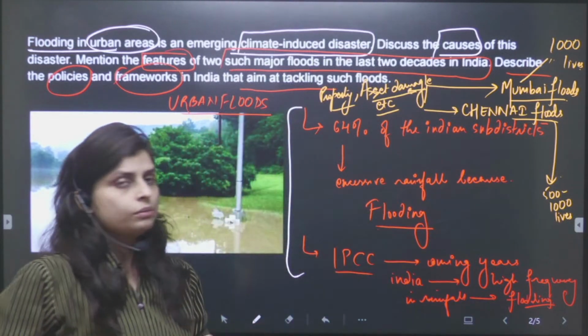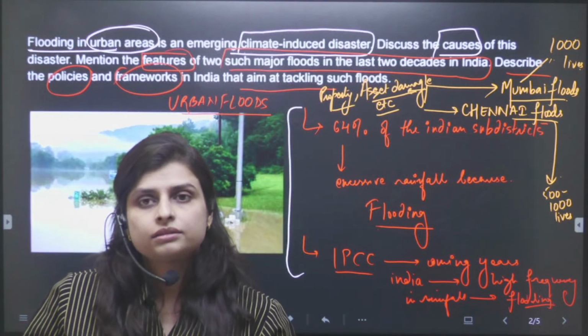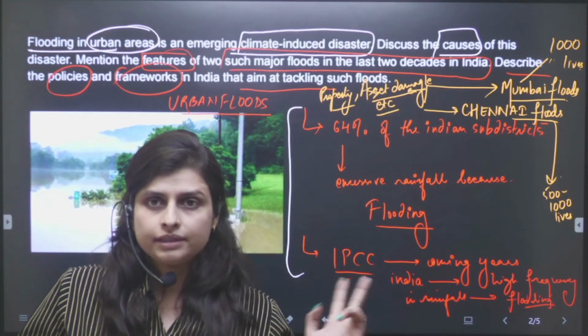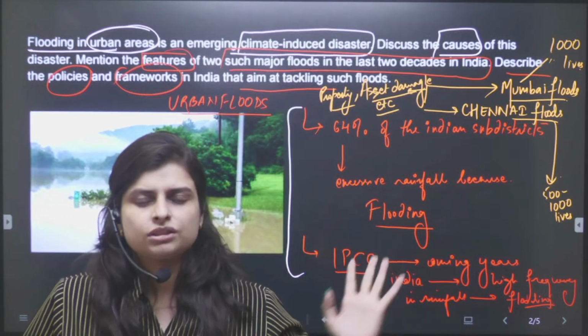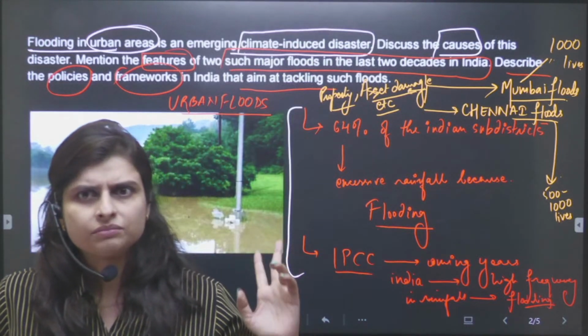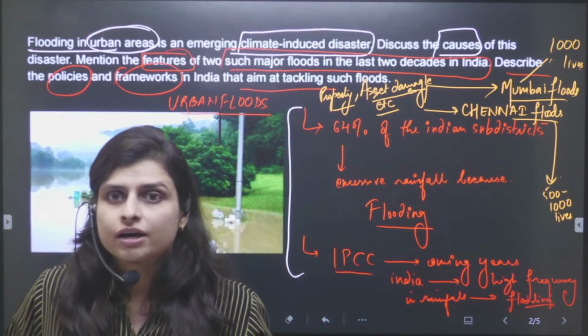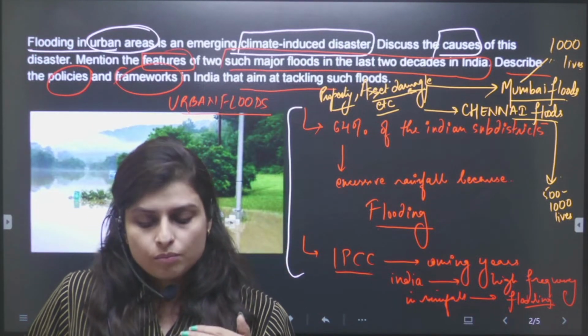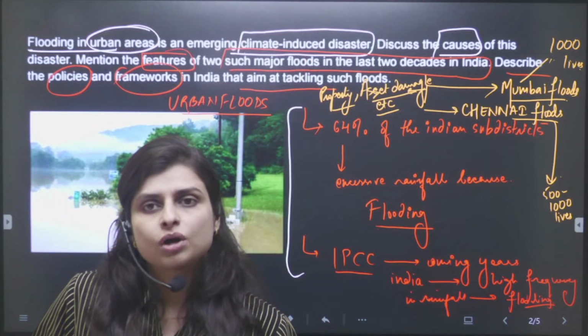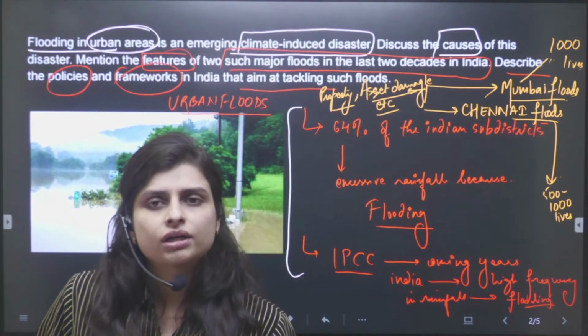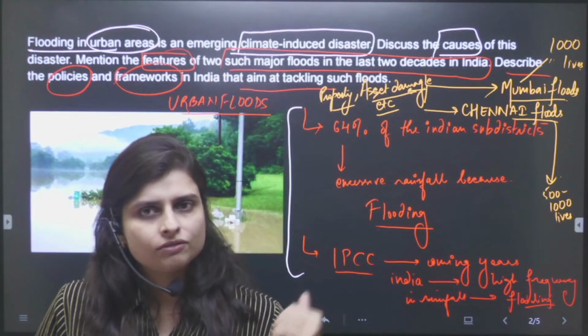Fine. Now, other than that, these 2 events in Indian history, that means in 2005 and 2015 onwards, are the 2 decades framework that I have covered in this question. Both these incidents have brought a lot of damage to the country, as well as to the states.